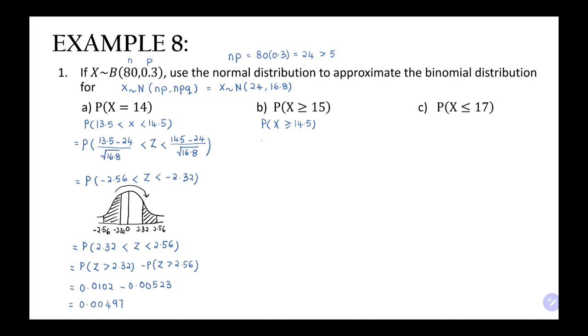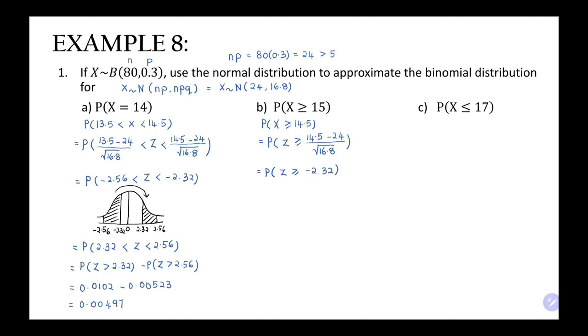Then we change to Z. So Z greater than or equals to 14.5 minus with mean, divide by standard deviation, so square root of 16.8. Then we solve, we get answer P(Z greater than or equals to negative 2.32).